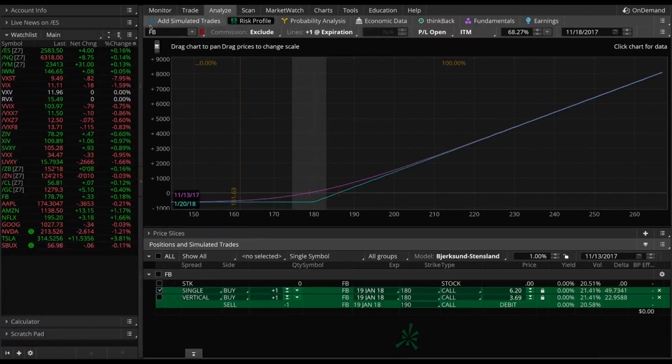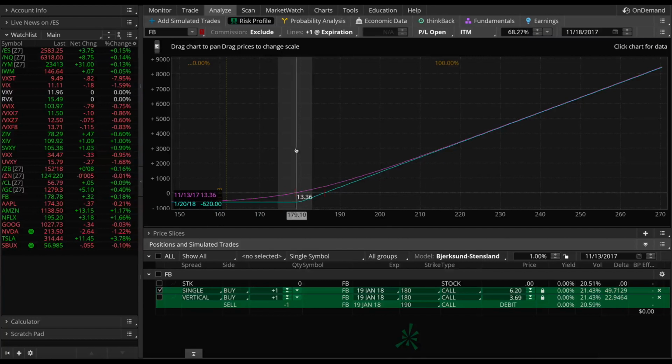If you're aggressively bullish on Facebook and you think it's going to increase in price by a substantial amount, then the long call strategy is very beneficial to use because you have limited loss potential if you're wrong. But if you're right and Facebook explodes, then you have all of this profit potential to make.